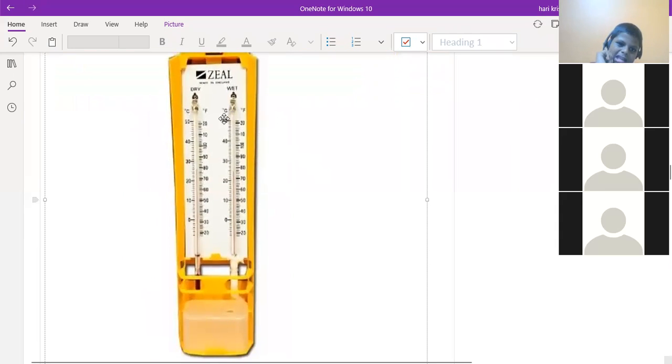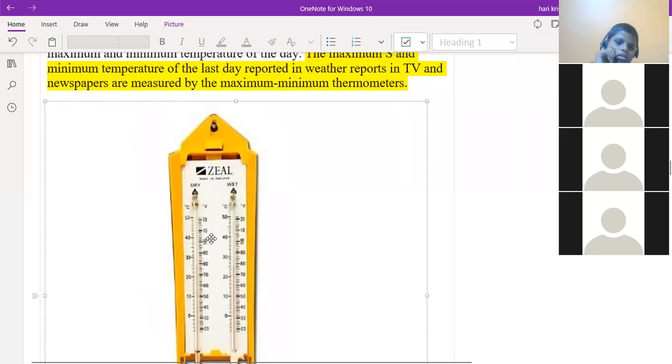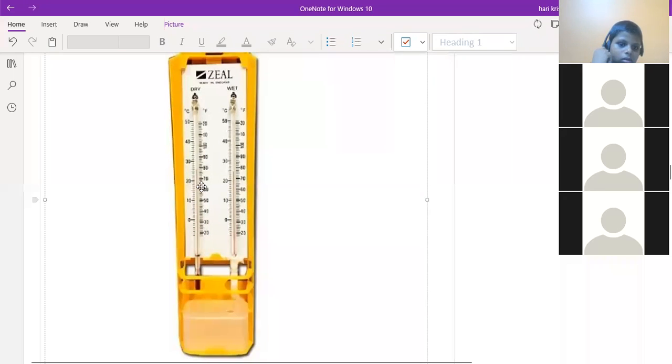See the image. So the hygrometer is this device which is used to measure the maximum and the minimum temperature of the environment. It contains two thermometers. One is a dry thermometer, in which the bulb is not dipped in water. The next one is a wet thermometer, in which the bulb of the thermometer is dipped in water.